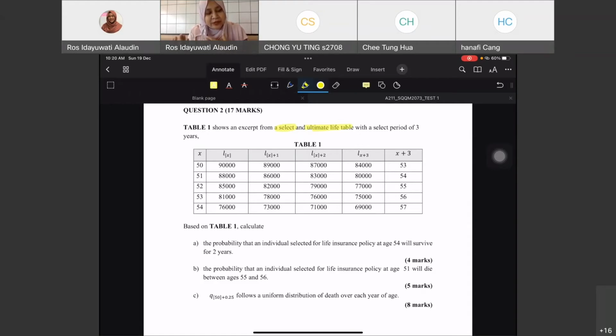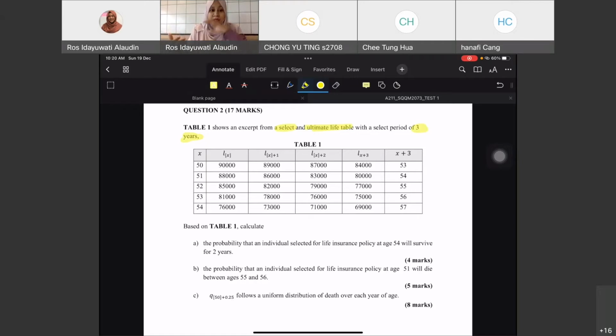However, the ultimate life table is for those who were already selected for the select life table but have a certain period. Let's say in this case, they have 3 years. So their medical examination is only valid for 3 years.